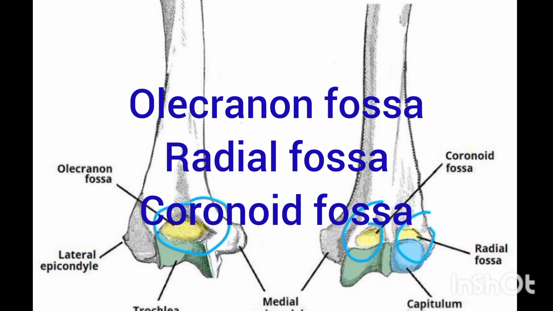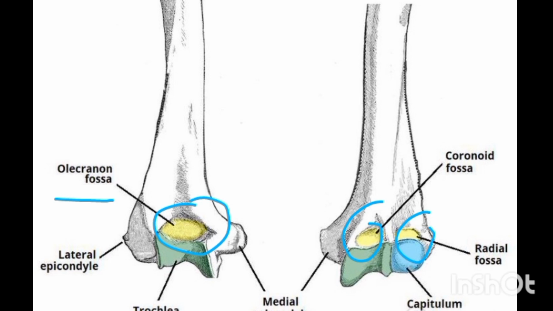The olecranon fossa is a deep depression on the posterior surface of the lower end above the trochlea. You can see just above the trochlea, you see the olecranon fossa. It lodges the tip of the olecranon process of the ulna when the elbow is fully extended. Now the radial fossa is a small depression above the capitulum on the anterior surface.